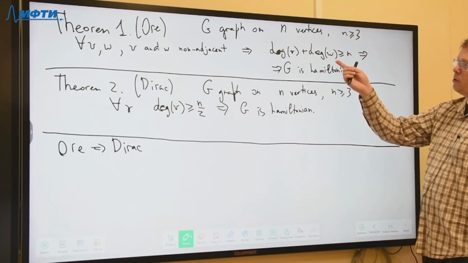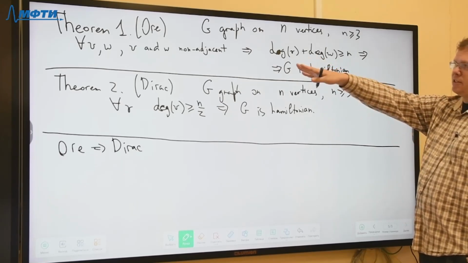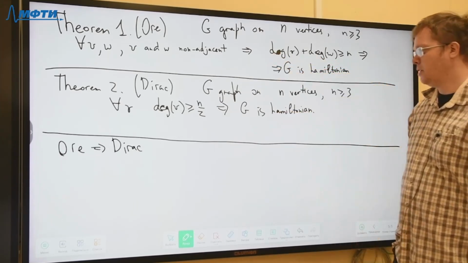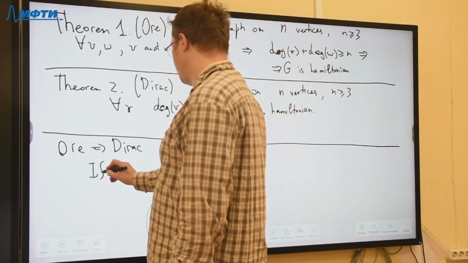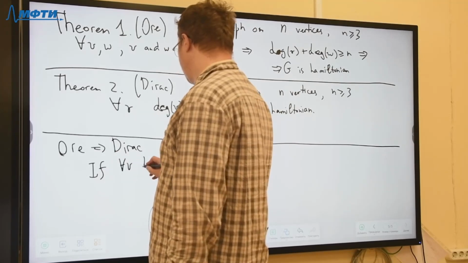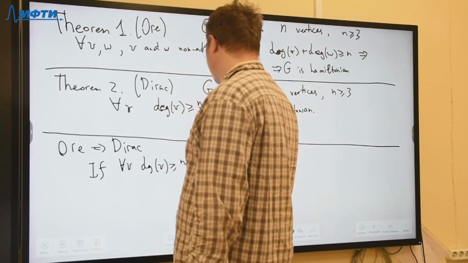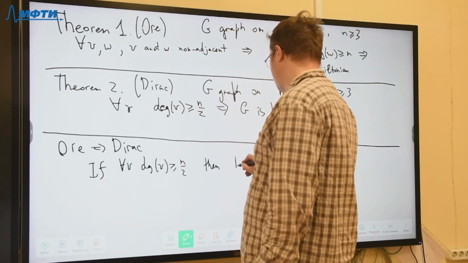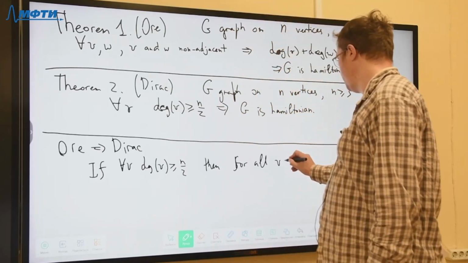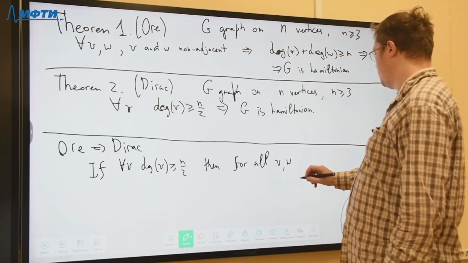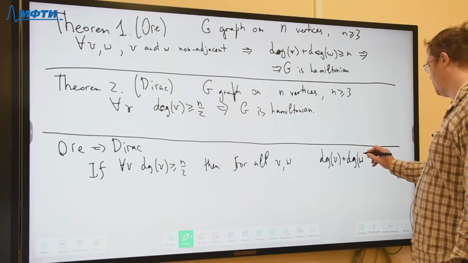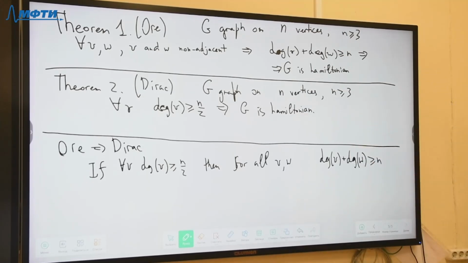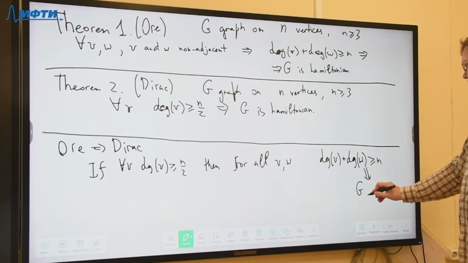This holds regardless of adjacency. So for all vertices V and W, the sum of the degrees is more or equal than n, and so by Euler's theorem the graph G is Hamiltonian.